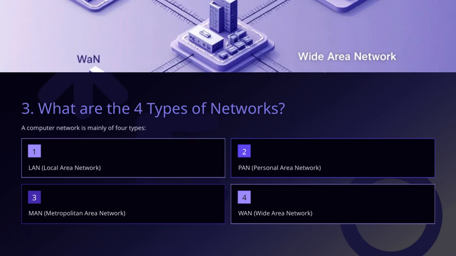The internet is the biggest example of a WAN, enabling global connectivity. Understanding these different types helps us see how networks are tailored to specific needs, whether it's a small local setup or a vast global system. Each plays a vital role in how we communicate and share information in today's connected world.